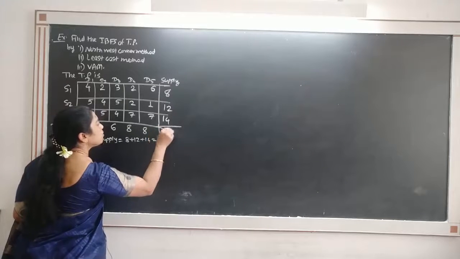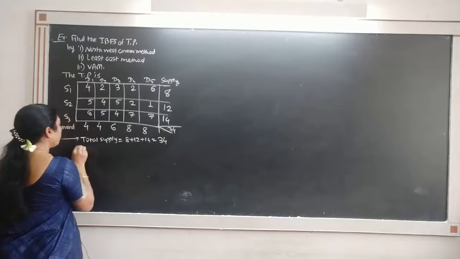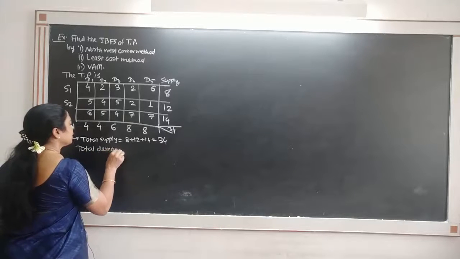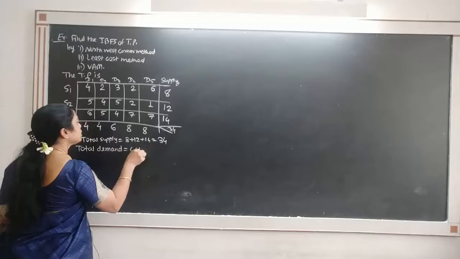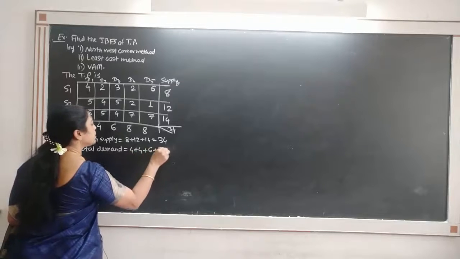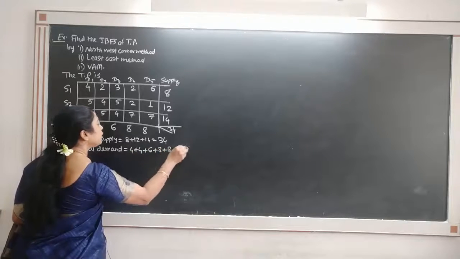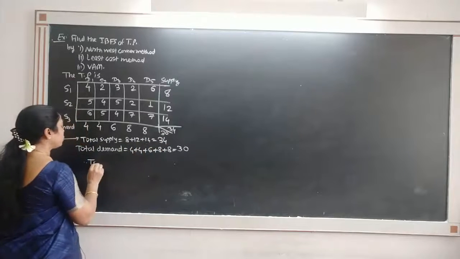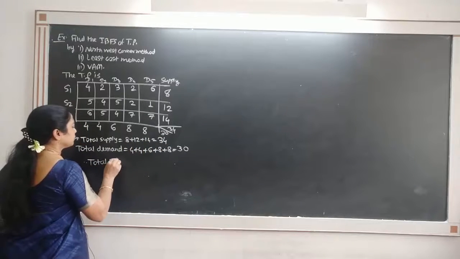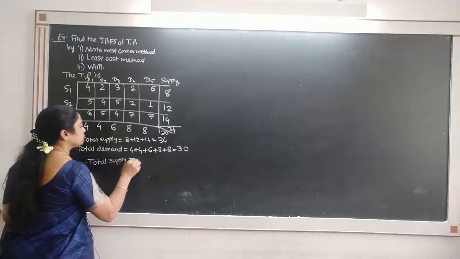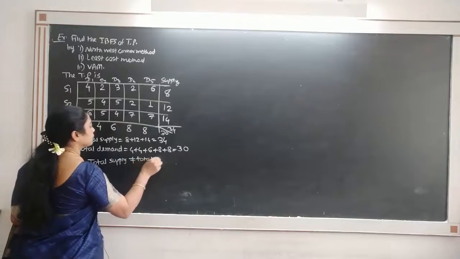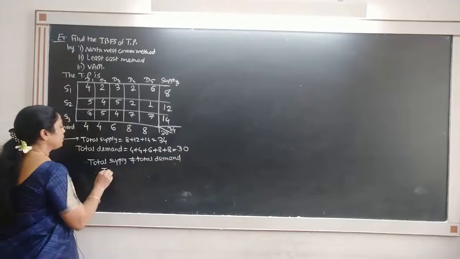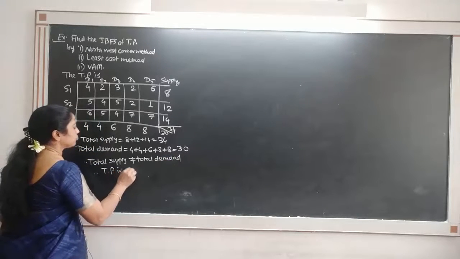If you observe total demand, this is equal to 4 plus 4 plus 6 plus 8 plus 8 equal to 30. Therefore, total supply is not equal to total demand, and therefore the TP is unbalanced TP.